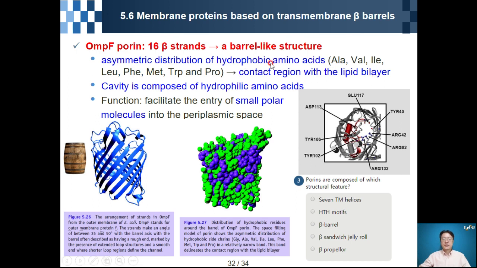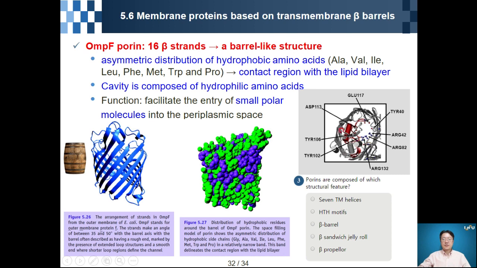The hydrophobic amino acids are alanine, valine, isoleucine, leucine, phenylalanine, methionine, tryptophan, and proline. When I say alanine, valine, isoleucine, leucine, you have to think about all of their structures. You have to memorize the structures. So this is the contact region with the lipid bilayer.